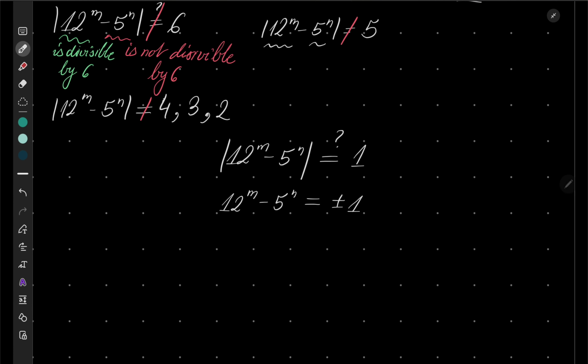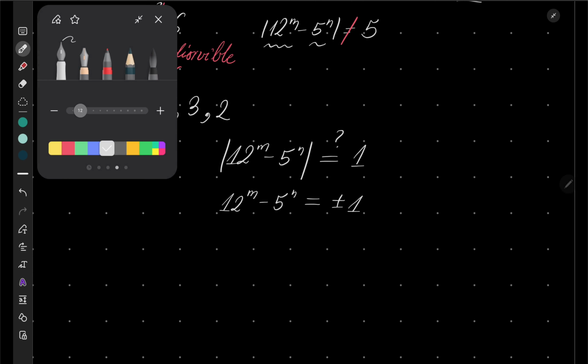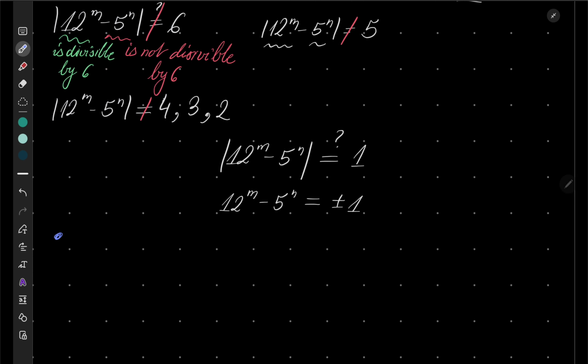First reduction will be modulo 4. What happens after this reduction? On the left hand side, 12 to the power of m is congruent to 0 modulo 4, and 5 is congruent to 1. So on the left hand side we have minus 1 is congruent to plus or minus 1 modulo 4.